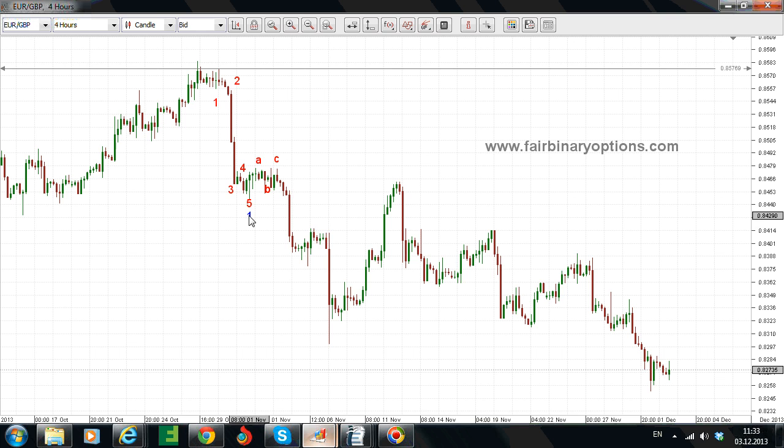This is only a correction, A, B, C, and normally the move to the downside, as you can see, is corrective as well. A, B, C, with this move going into the ECB last month.